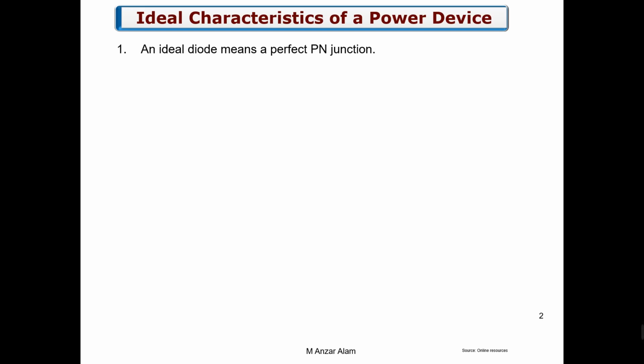I am trying to explain more and more because you should have a very clear understanding. This knowledge of the ideal property of a diode will not be limited to the diode.